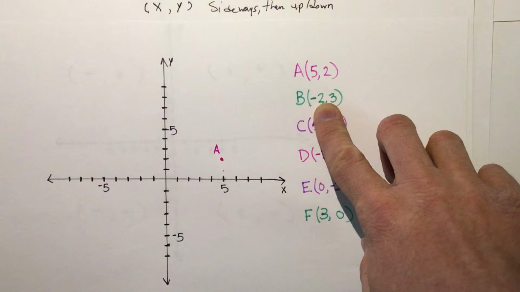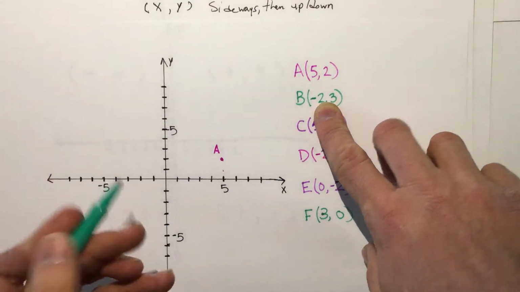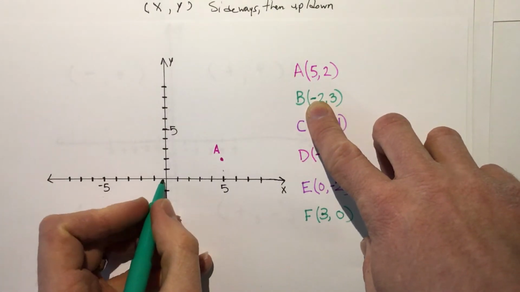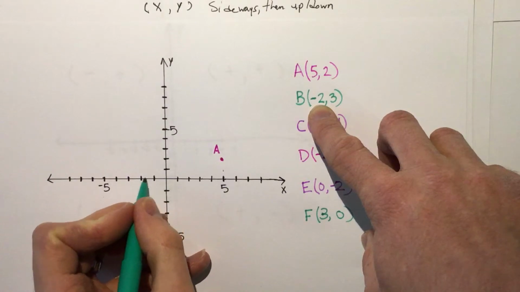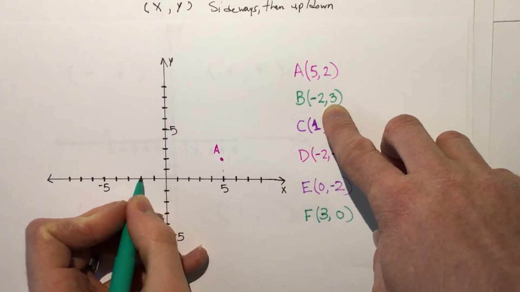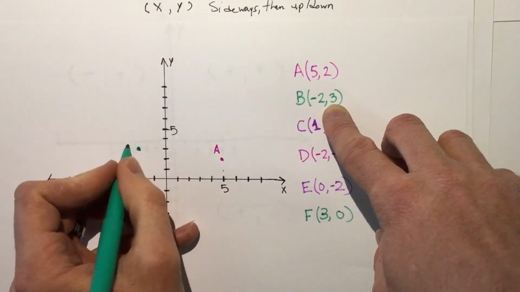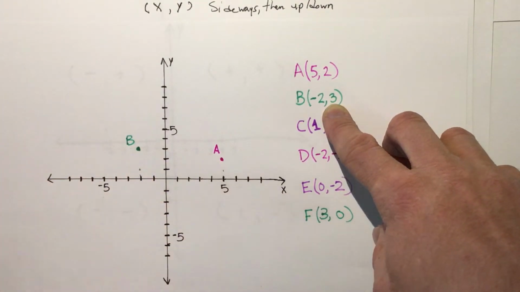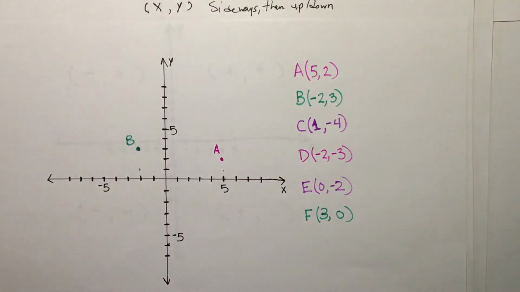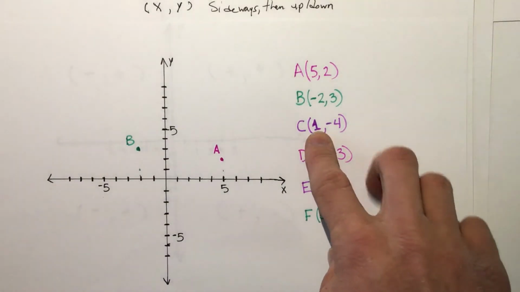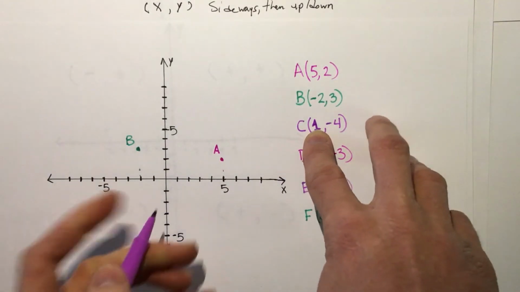But let's look at some of the others that have negative numbers. B is (-2, 3). So first we're going -2, so left 2, then up 3. 1, 2, 3. And our point is here. We'll label that point B. Next, point C is 1, so that's positive.